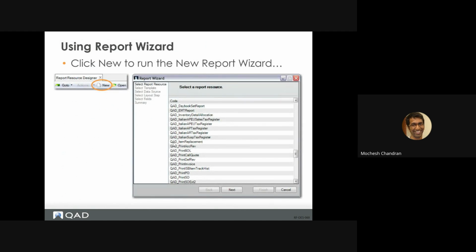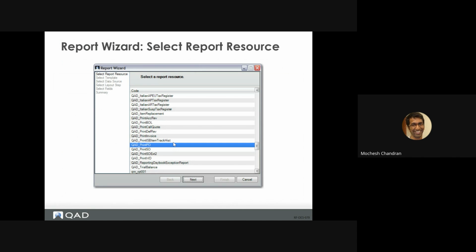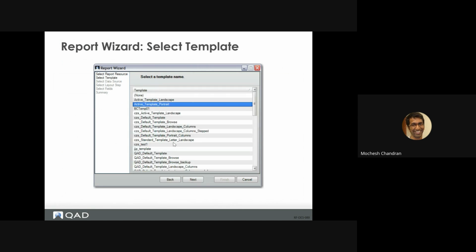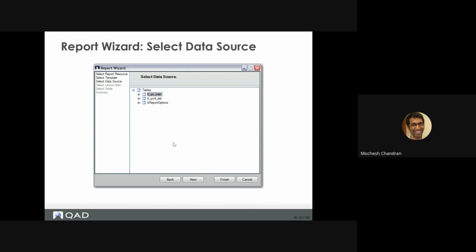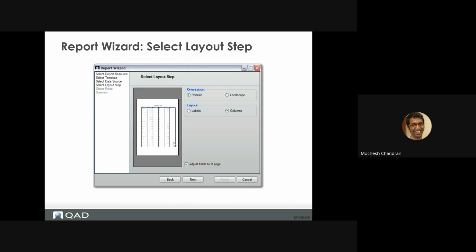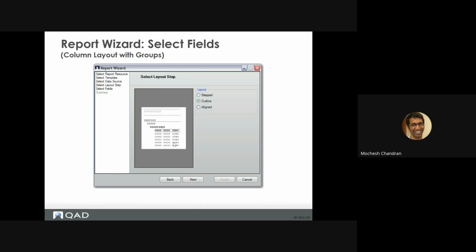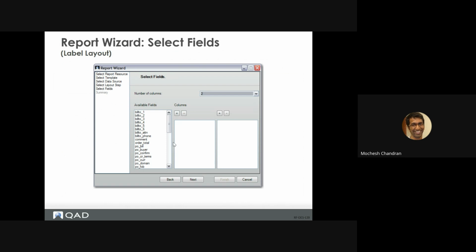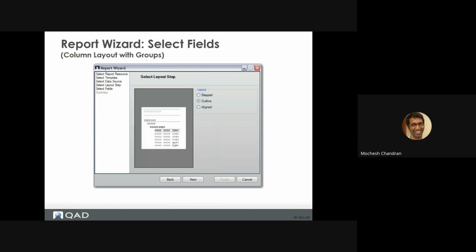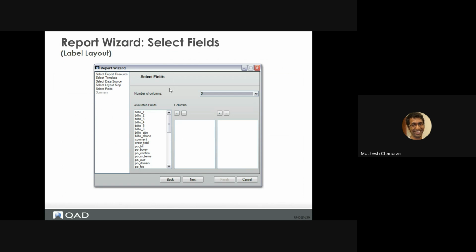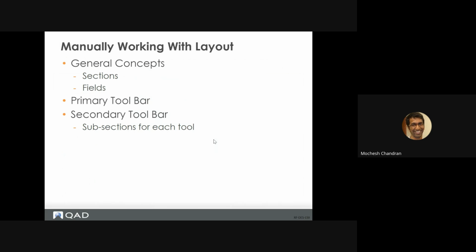We looked at the wizard function, report selection, resources, template, and data source, the layout step, and the groupings. You can have different groupings as well. How many columns you want to add, you can do that.